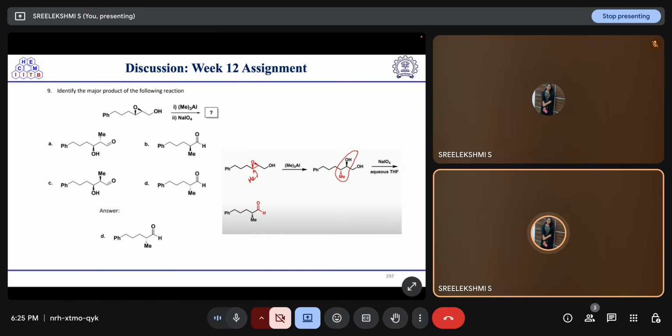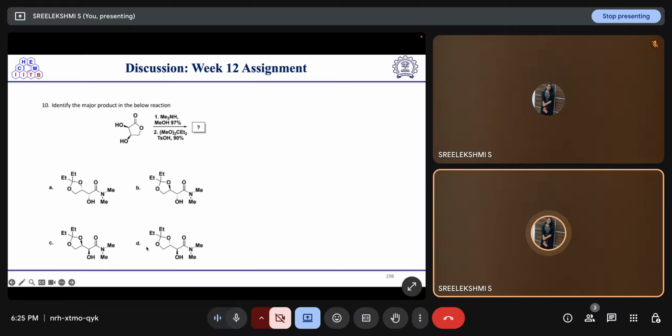So here the correct answer is this one. In trimethyl aluminum, one of the methyl groups will attack over this epoxide. The epoxide ring will open to form this compound, and then NaIO4 will cleave this diol to form this aldehyde. So the correct answer is option D.